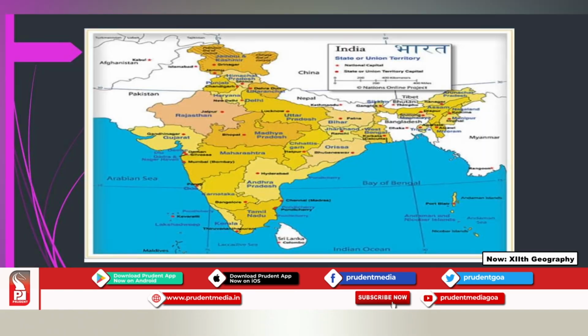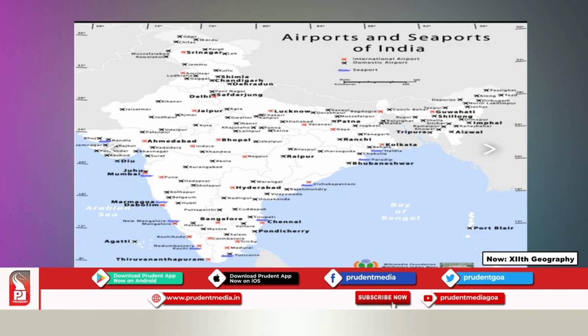So these are the administrative towns. You can see all the capital cities of the different states here. Okay, this becomes an example of administrative towns. Here you have towns dealing with transports, like we have major airports here.